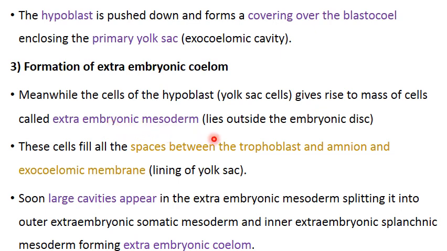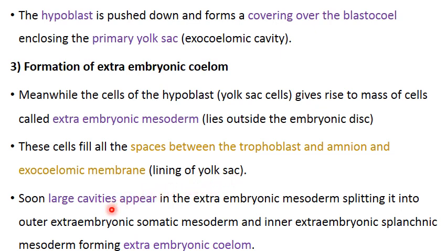Extraembryonic because it's going to be present outside the embryonic disc. Now this extraembryonic mesoderm will fill the spaces between the trophoblast and the amnion, and the exocoelomic membrane. What is the exocoelomic membrane? Lining of the primitive yolk sac.